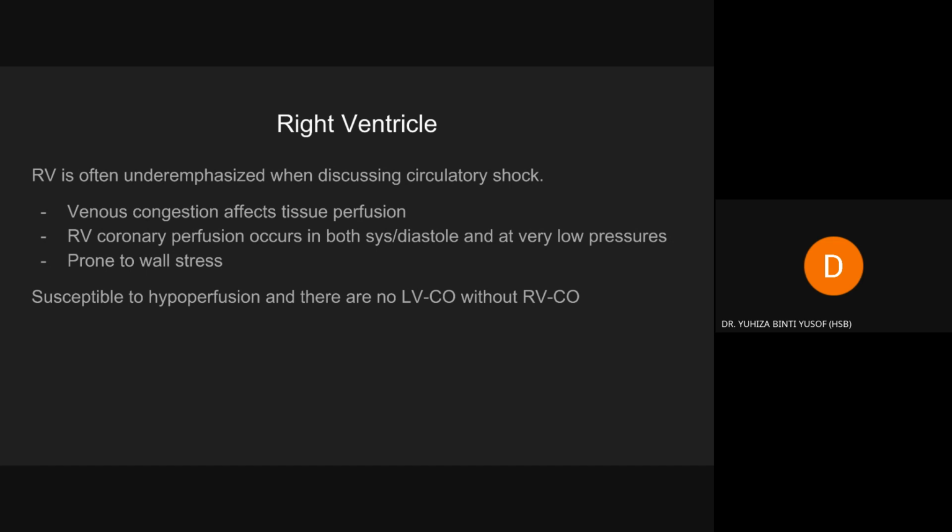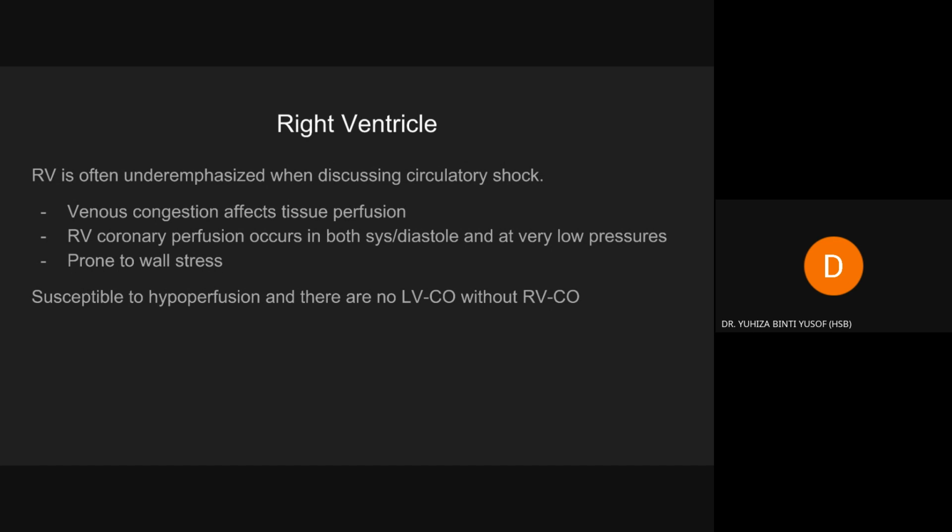Your RV, similar to your LV, you can classify the pathology into pumps, tanks, and pipes. But in RVMI, there's reduced contractility, so you have to optimize the preload. If you let your preload drop too much, you're not going to get perfusion through the pulmonary circuit, and as a result, the congestion on the right side is not going to occur in the pulmonary circuit.